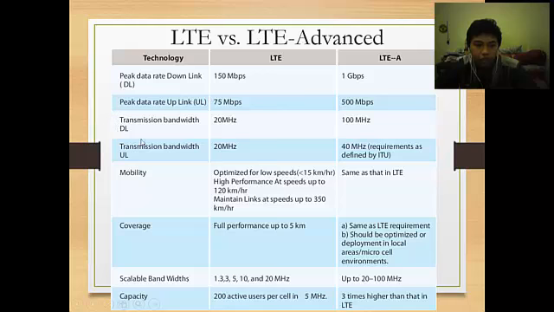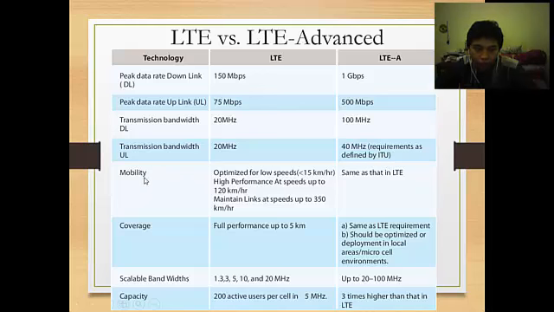The transmission bandwidth downlink for LTE is 20 MHz, and for LTE-A or LTE Advanced is 100 MHz. Transmission bandwidth uplink is 20 MHz for LTE and 40 MHz for LTE-A, as defined by ITU, International Telecommunication Union.